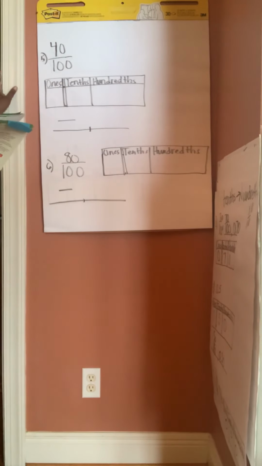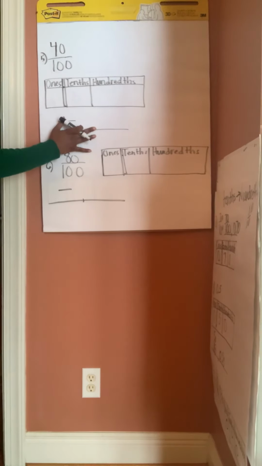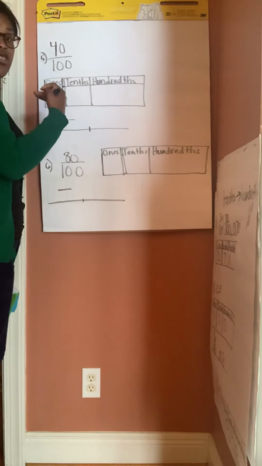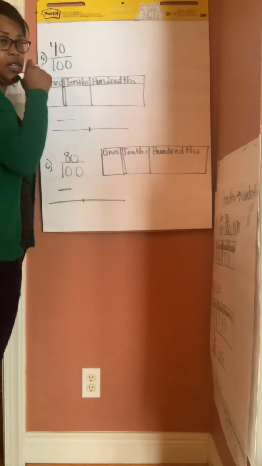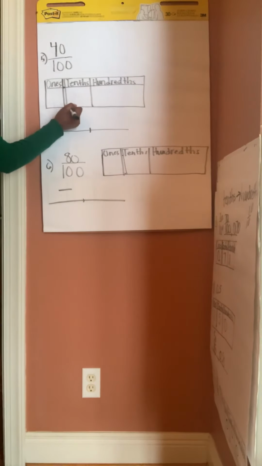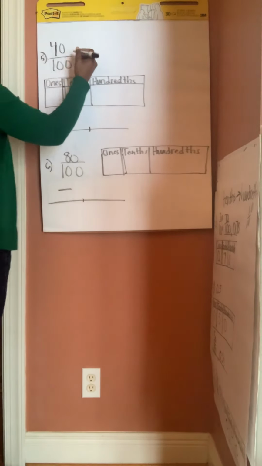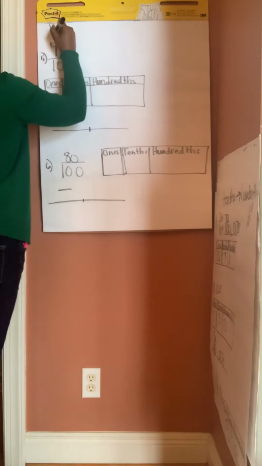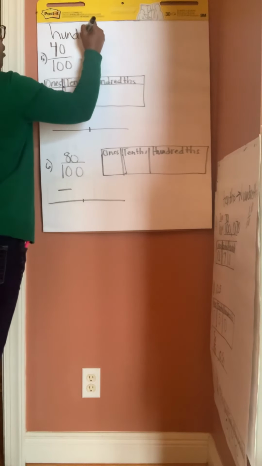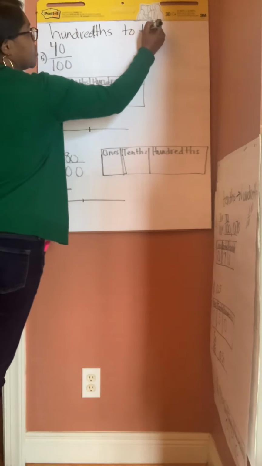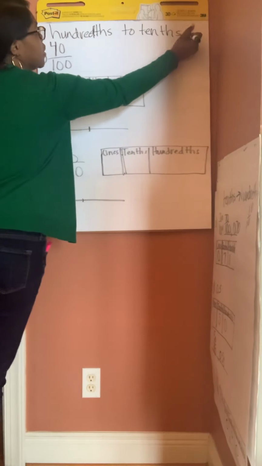Number 5, write the number as tenths in fraction form and decimal. Okay, tenths. So remember, if it's already in hundredths and you're going to tenths, then you're going to divide by 10 over 10. Or you can simply write it in your place value chart, and then you'll be able to see your answer. But if I'm going to go from hundredths, 40 hundredths to tenths, I'm going to divide.